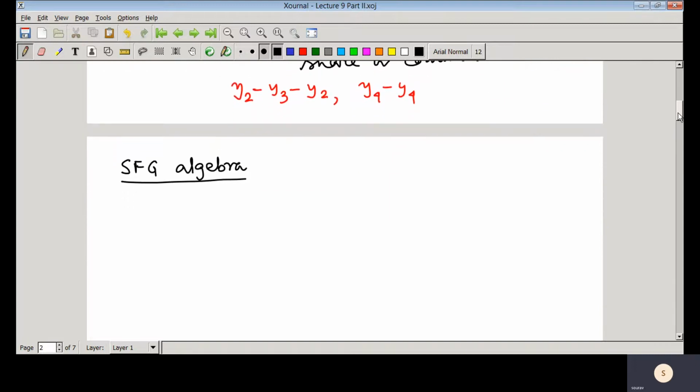Just if you apply your common sense and if you just apply that signal flow graph terminologies and ideas, then you can easily find out what are the relations that must hold applying that signal flow graph algebra. So let us see, if you have a node like this, and suppose there are many branches. So there are many branches.